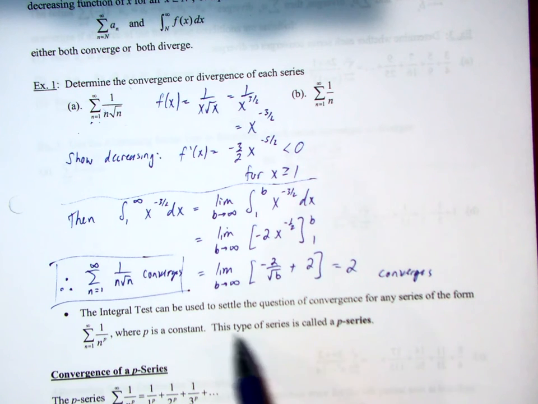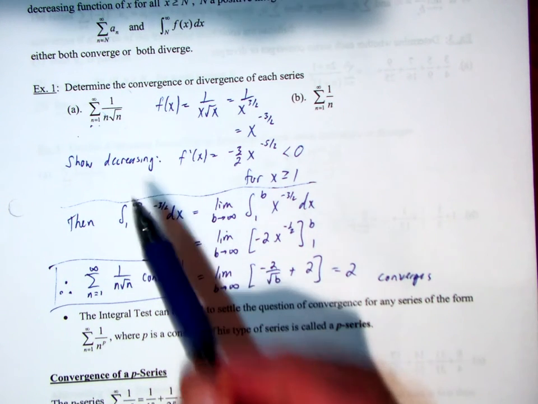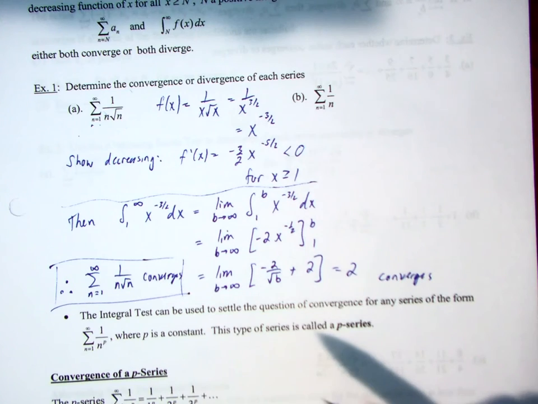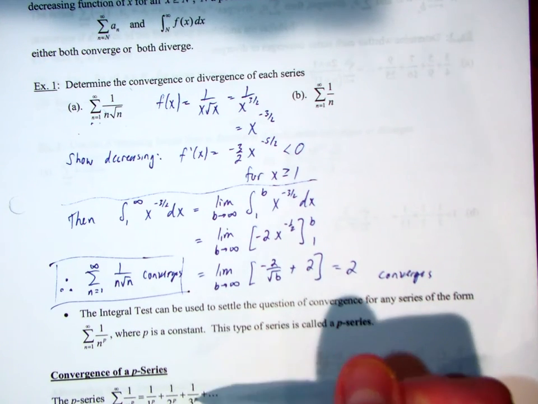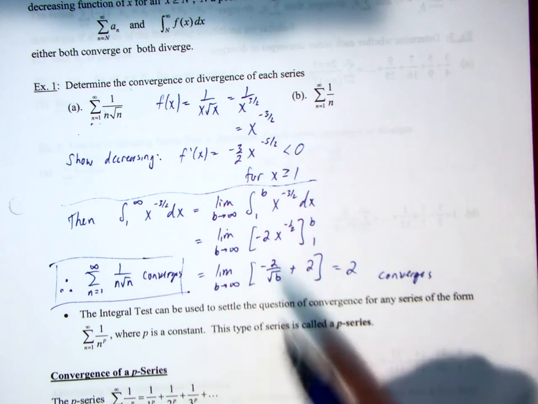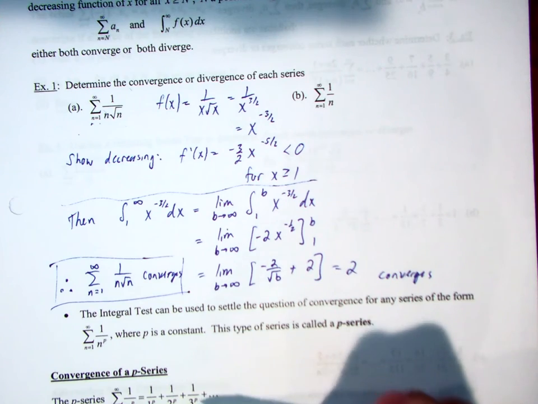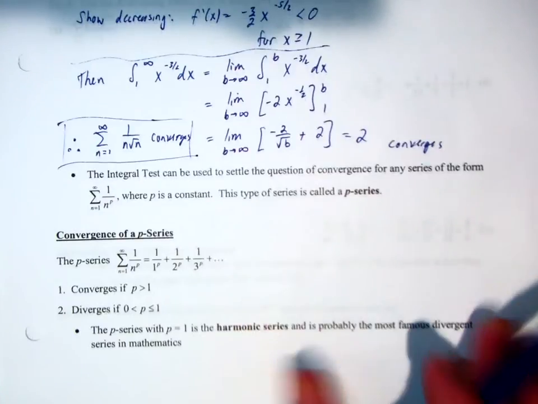There's a rule we're going to learn in a moment that tells us whether or not a p-series converges or diverges. So you don't have to use the integral test every time to show that. You could prove it, but once you know the rules, you don't have to use the integral test every time. So this p-series is an important one to know.